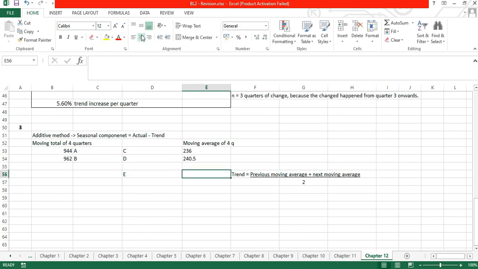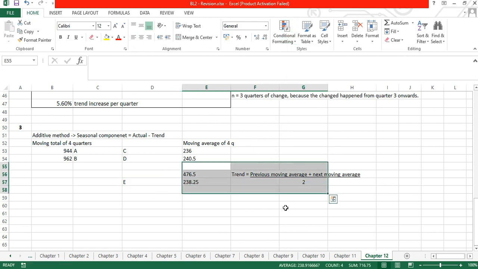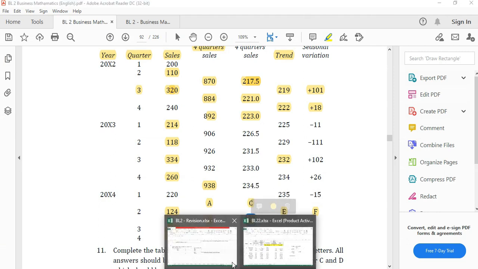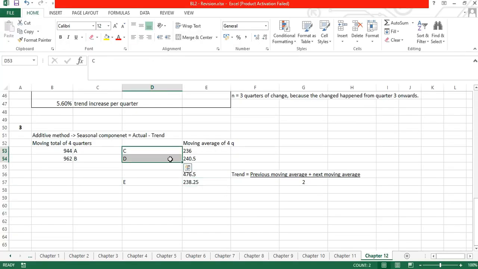So the previous average is 904. So C plus D, that divide by 2 is equal to E. Because E is in the middle of C and D, not right next to them. That's why we took the total of C and D and divide by 2, because C and D are total 2.